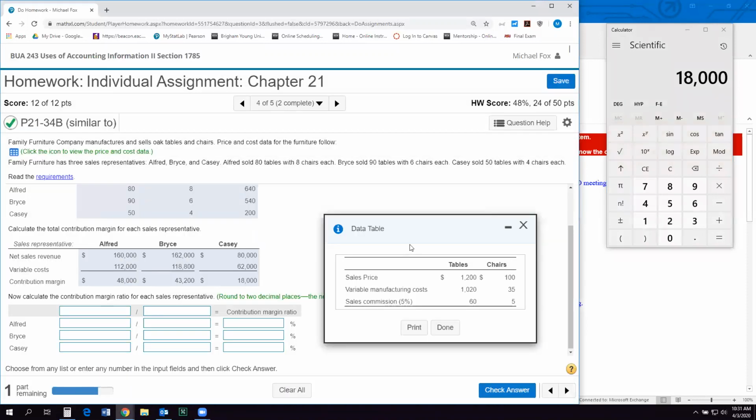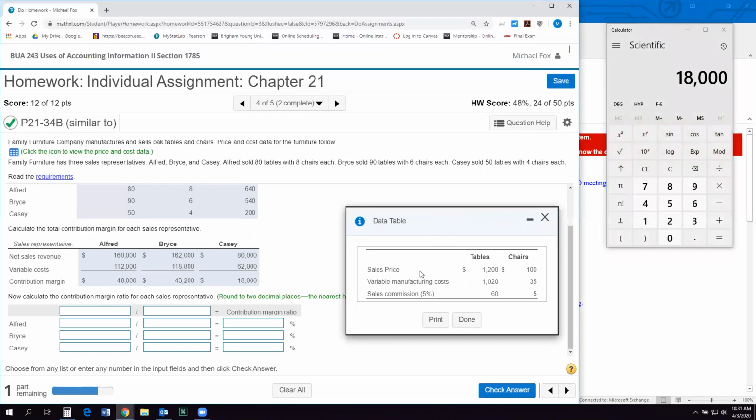And then it wants us to figure out the contribution margin ratio for each one. Contribution margin ratio is just the contribution margin divided by the net sales revenue. So for Alfred, our contribution margin is 48,000 and the net sales revenue was 160,000. So 30% is the contribution margin ratio.